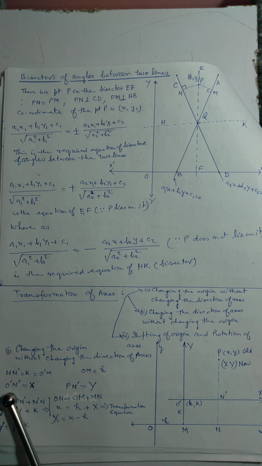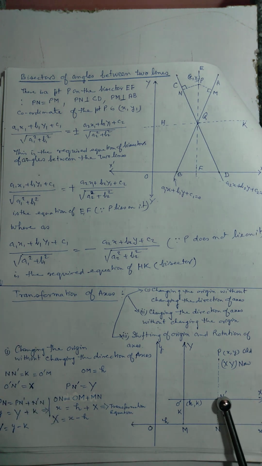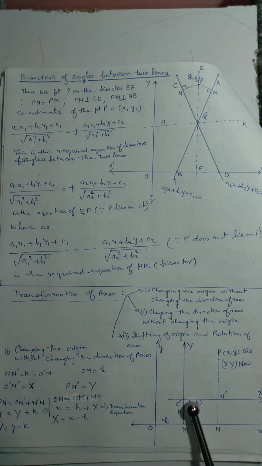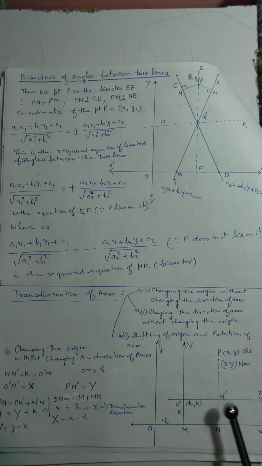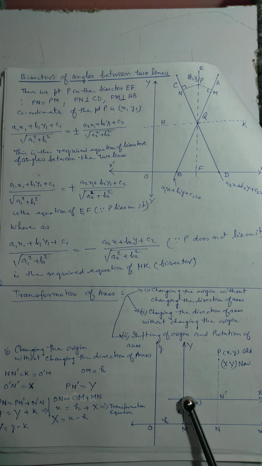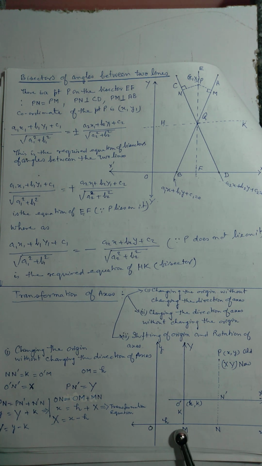You see, N dash is equal to k, and O dash M is our k distance, that is, the ordinate. (h, k) is the coordinate, so OM is h, and MK, O dash M, is equal to k.